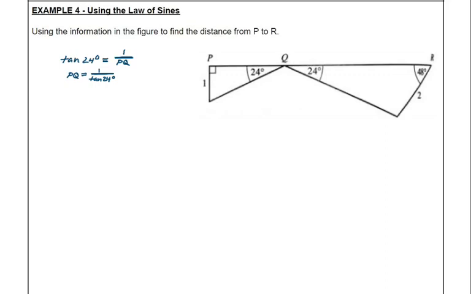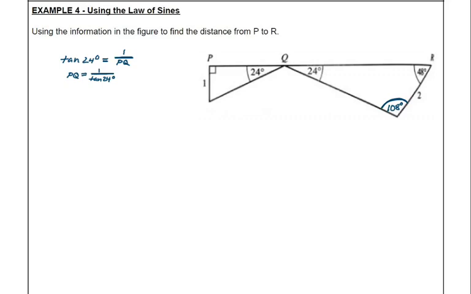I'm going to shift over to the other triangle. Now notice this bigger triangle is not right, which means I'm not going to go tangent or cosine or sine using like a hypotenuse and a side length. I'm actually going to have to use the law of sines here. So I know right away that angle is 108 degrees, the missing angle, because all of them have to add up to 180.